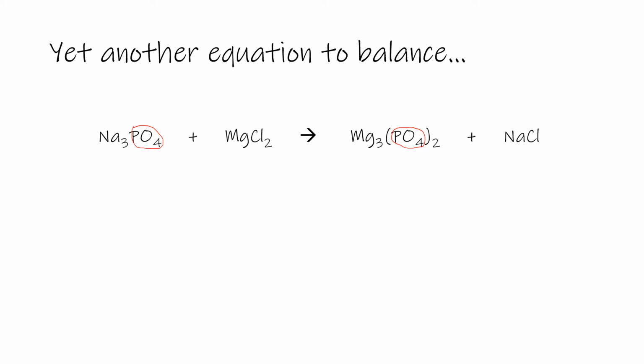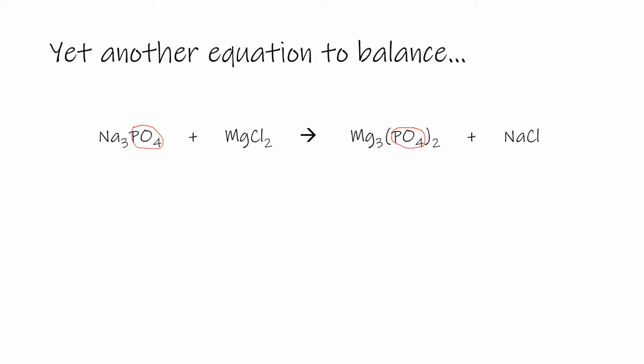It just simplifies it. Since we're talking about the phosphate, that might be a good place to start. On the reactant side, we have one phosphate, one PO4 unit. On the product side, we have a subscript of 2 outside of parentheses around the phosphate for magnesium phosphate. That means that we have 2 phosphate units on the product side.